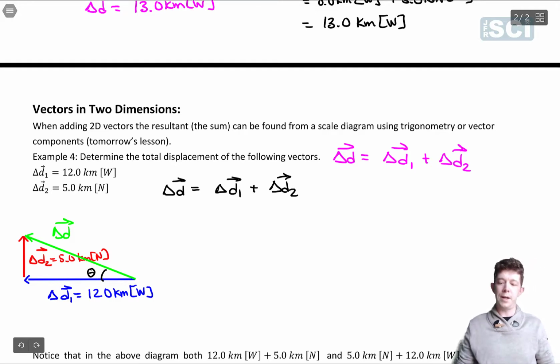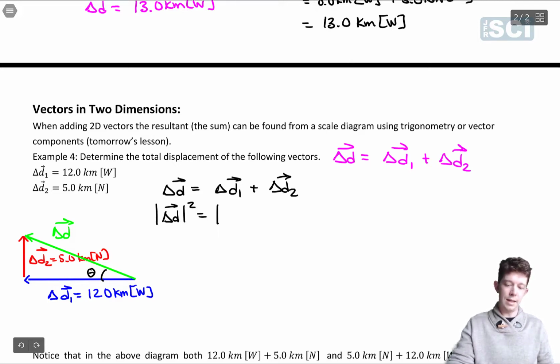Now, if I was trying to find the length of delta D, I can use Pythagorean theorem because I'm dealing with 2 vectors that are 90 degrees to each other. So I could say that the length of delta D vector squared is equal to the length of delta D1 squared plus the length of delta D2 squared.